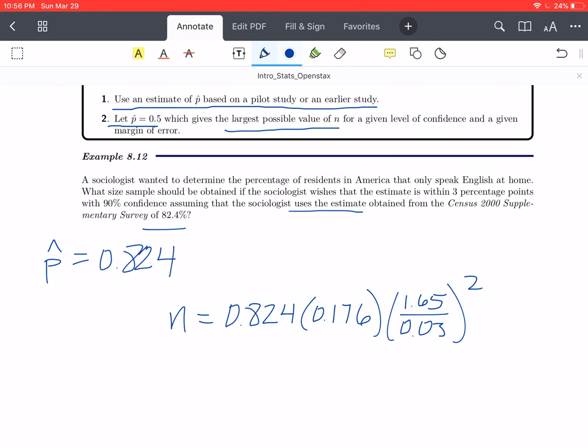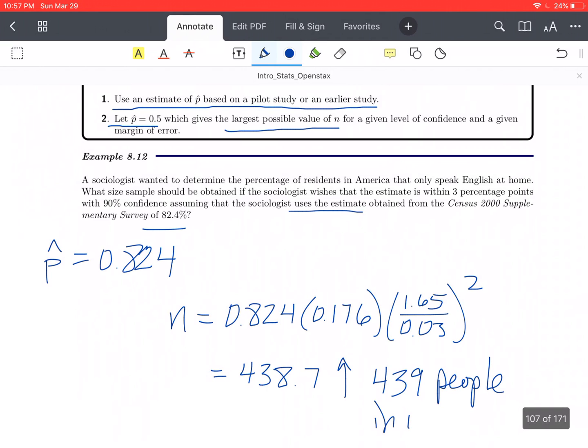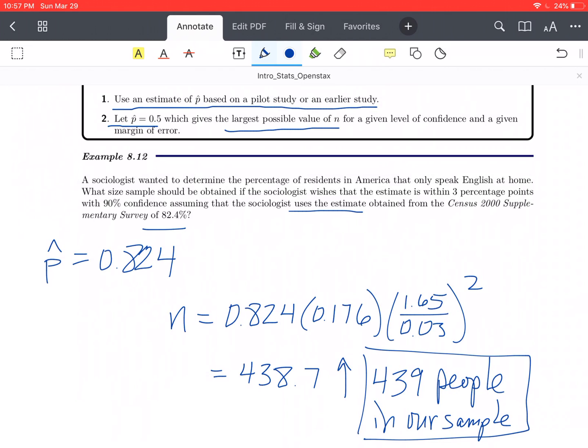Plug and chug this on your calculator, it's going to give you 438.7, and then round that up to the next whole value. That's going to be 439 people in our sample. So that would be the required sample size in order to get 90% confidence that the actual proportion in the population is within 3 percentage points of what we get.